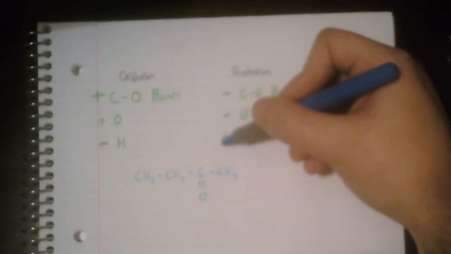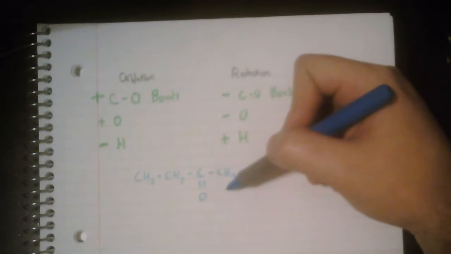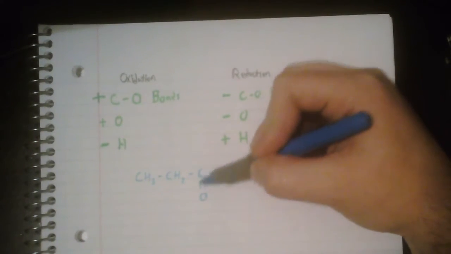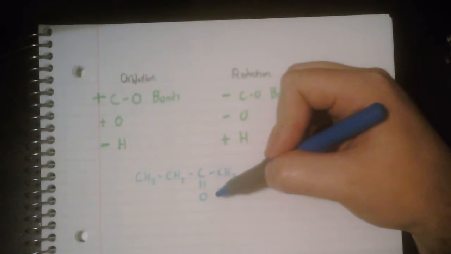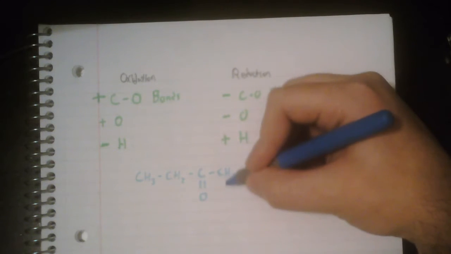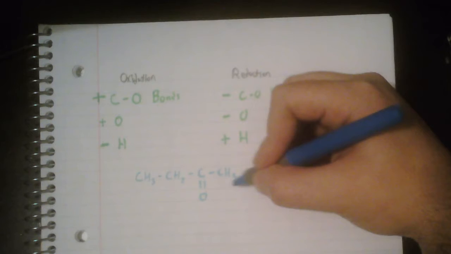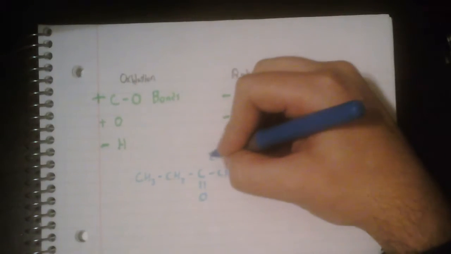This molecule here is actually a ketone. You should know that because it's the second degree carbon that has a double bonded oxygen off of it. Aldehyde would be a double bonded oxygen off of a primary carbon. So this one's just off of a secondary.